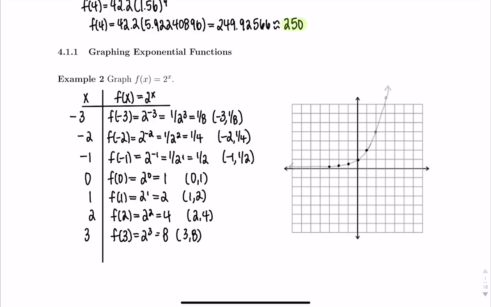We have 1, 2. We have 2, 4. And we have 3, 8, which is somewhere up here. And this keeps extending in both directions. So my graph of f of x equals 2 to the x will look something like this.